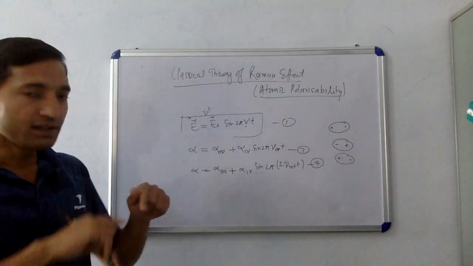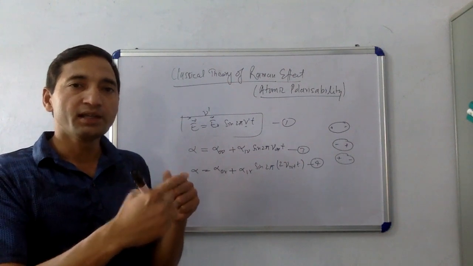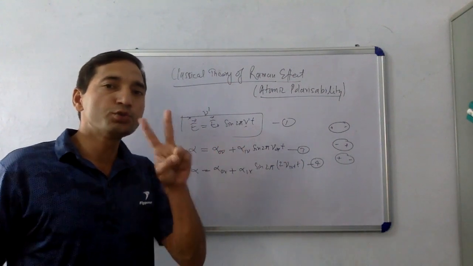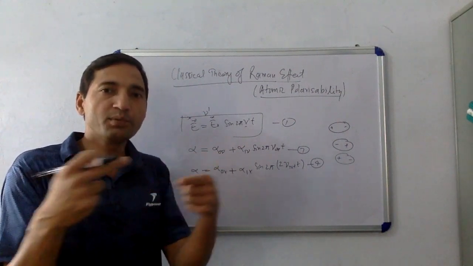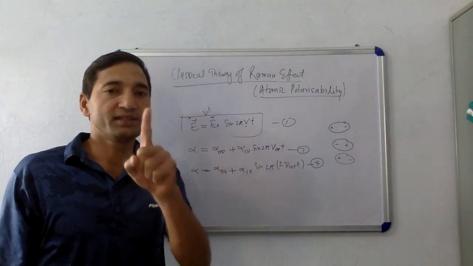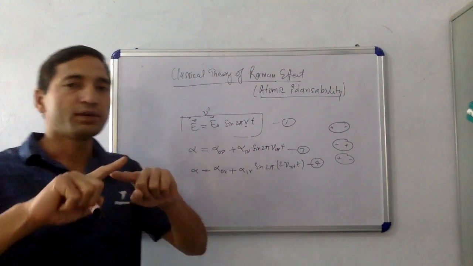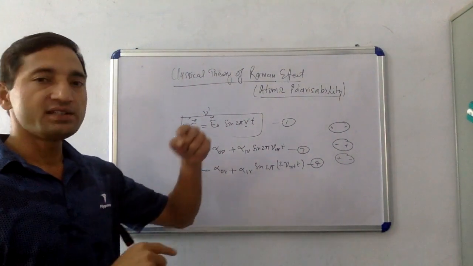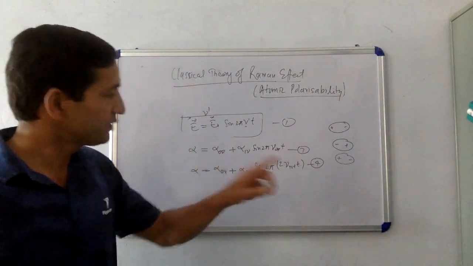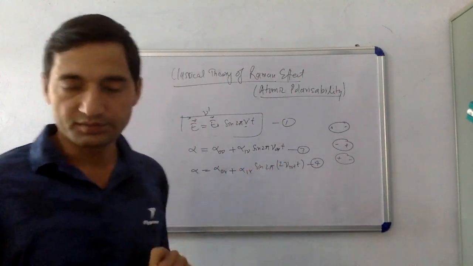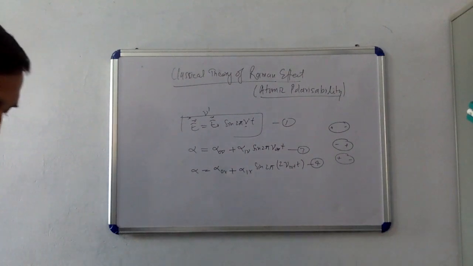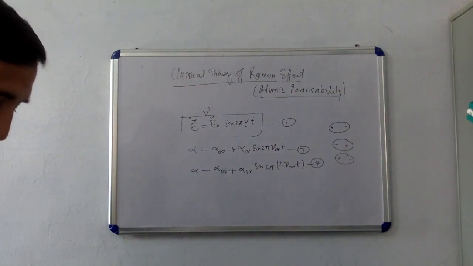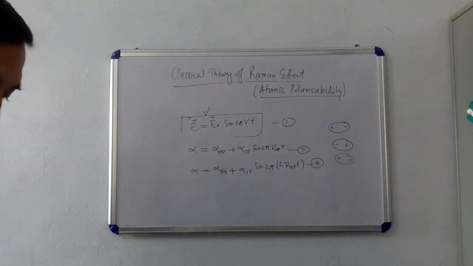So in one complete rotation, the polarizability changes 2 times, because in the opposite direction, linearly, the polarizability remains the same. It means that in one rotation the polarizability changes twice. So that is why we are putting this 2 nu rotation of t. It is a very important point, since the polarizability is the same along the opposite direction of the molecule.